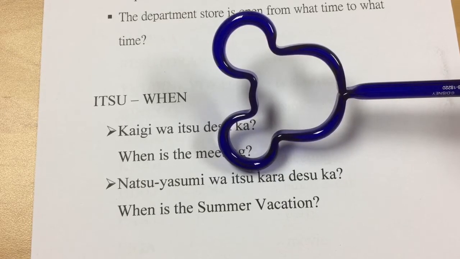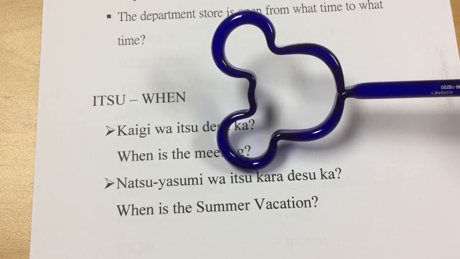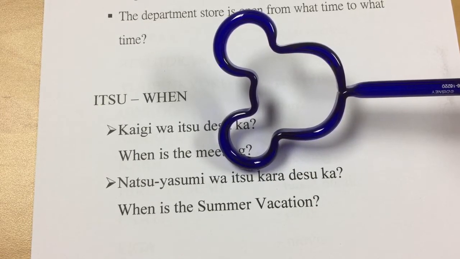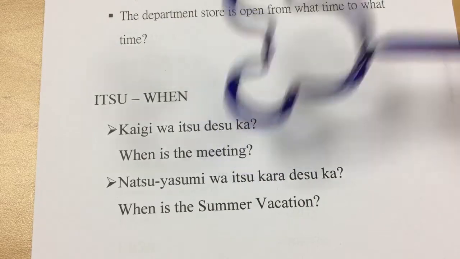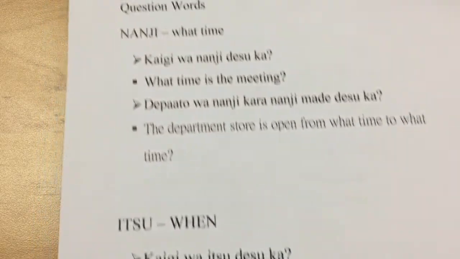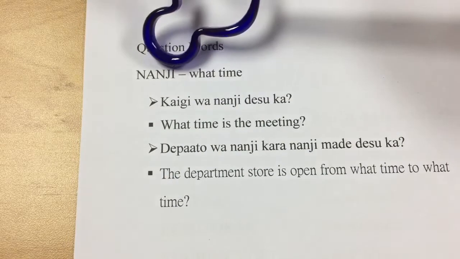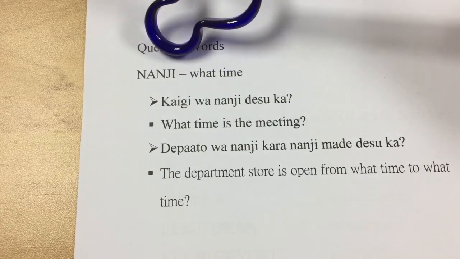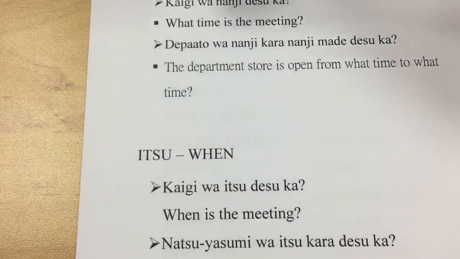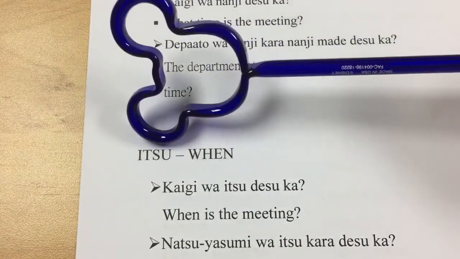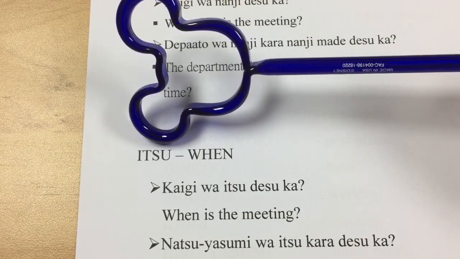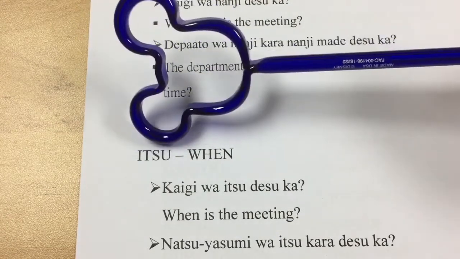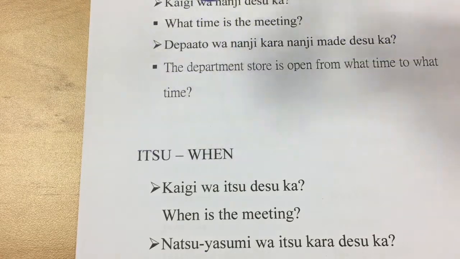I may answer that the summer vacation is starting from August, something like that. So now you learn two new question words. One is 何時, what time, and the other is いつ, when.